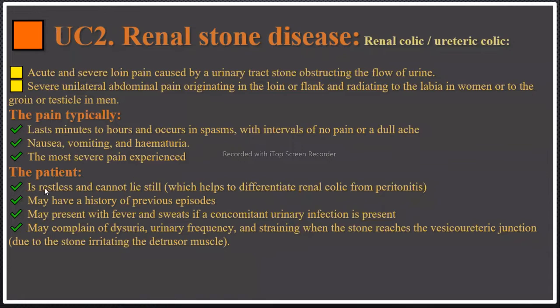The patient is restless and cannot lie still, which helps differentiate renal colic from peritonitis. There may be a history of previous episodes, and the patient may present with fever and sweats if concomitant urinary infection is present. So it can be renal colic with infection.